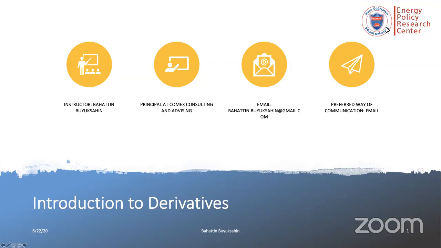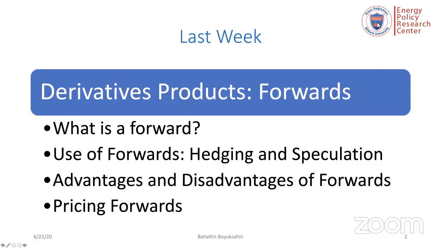Perfect. Last week, I talked about the first building block of derivatives, so-called forwards. We define a forward as a contractual agreement to buy or sell an asset at a certain time in the future for a certain price, the so-called delivery price.